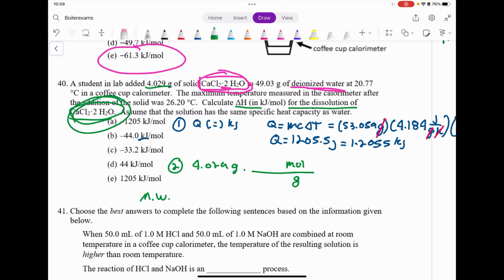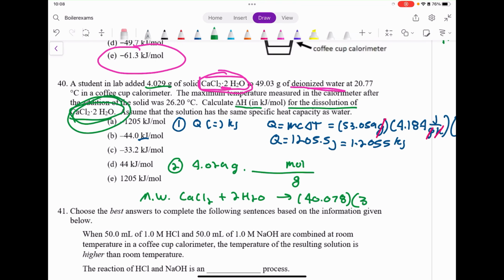We have calcium chloride, and then there's also 2 moles of water in there. So 2 molecules. The molecular weight is going to look like: calcium is 40.078.